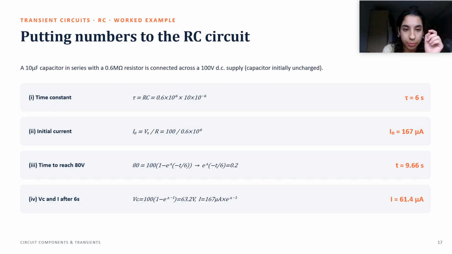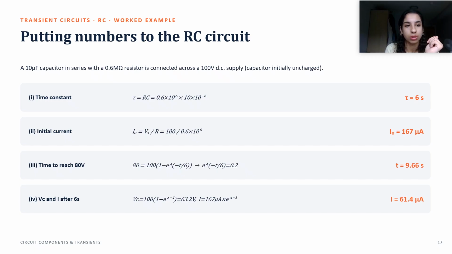Now, this is a worked example. So we have a capacitor that is 10 microfarads in series with a resistor that is 0.6 megaohms, which is connected to a 100-volt DC supply.